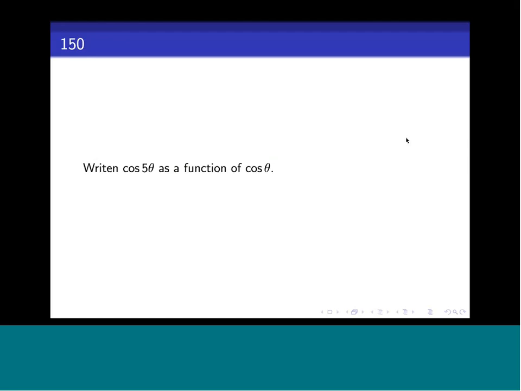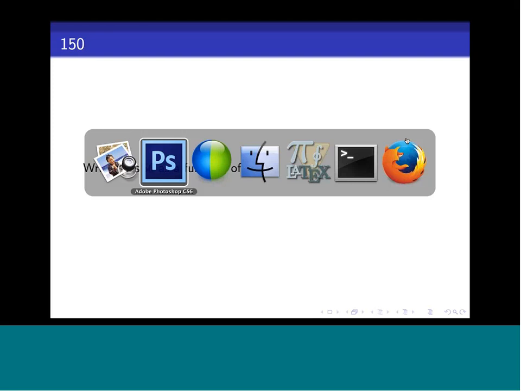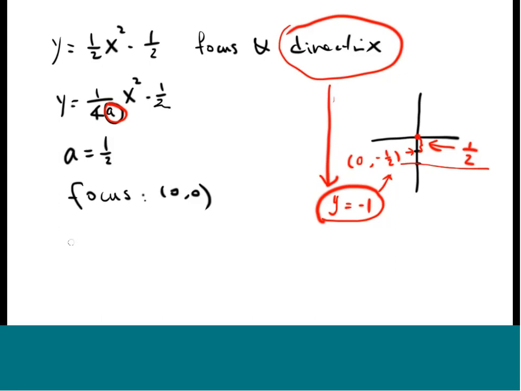Write down cosine 5 theta as a function of cosine theta. You can do it either way, so whatever it is doesn't really matter. You can do it the lazy way. You can also do it the smart way: cosine theta plus i sine theta to the fifth.